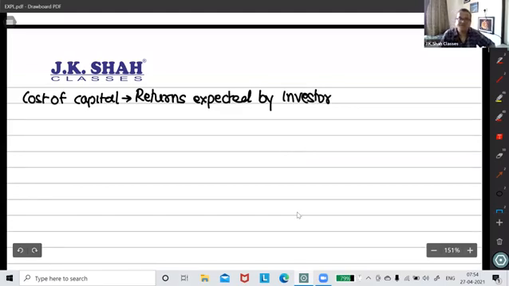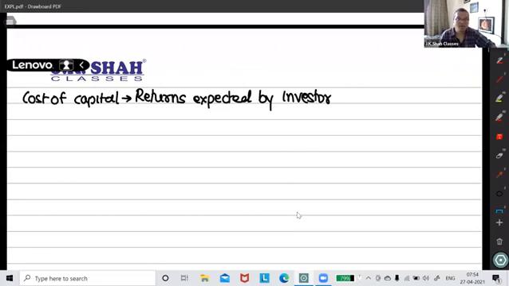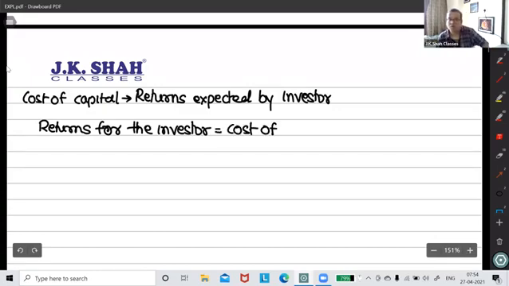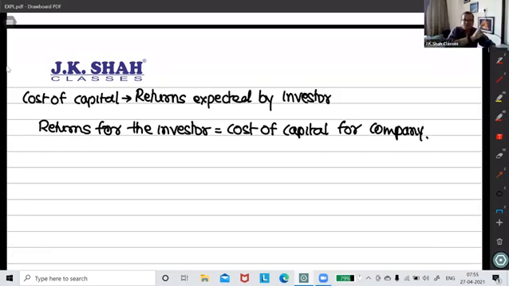Do you agree on this, guys? So these are the returns for the investors, right? Returns for the investor is equal to cost of capital for the company. Fine. Returns for the investor is what? Cost of capital for the company.